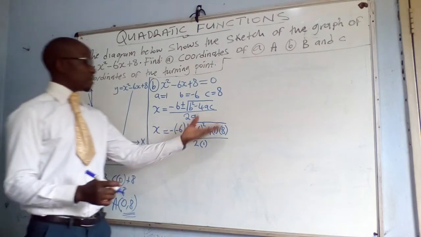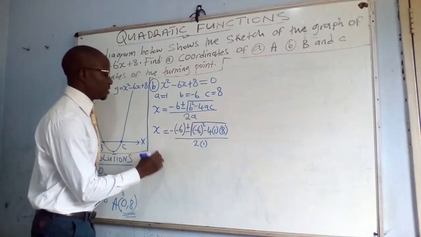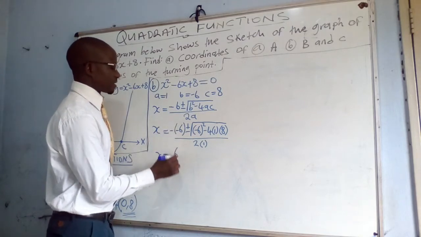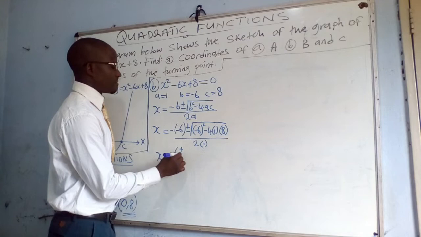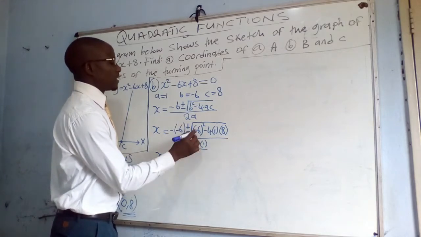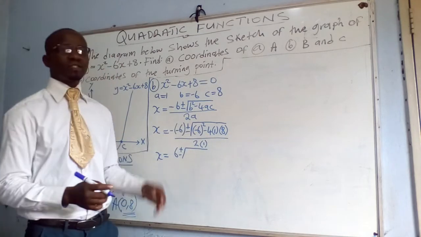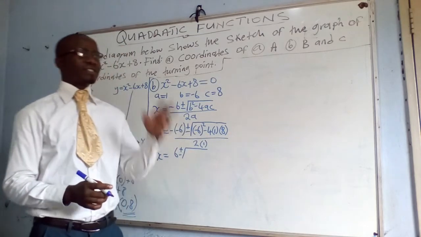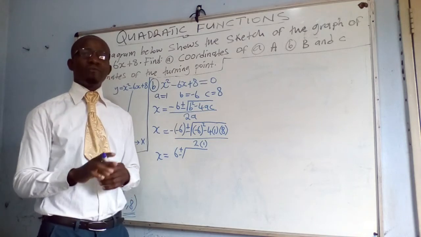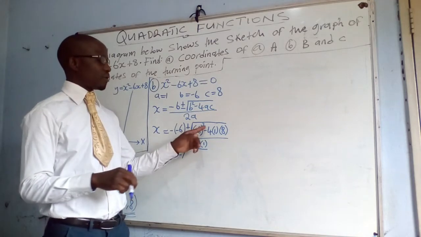Then from there, do the possible multiplications. We're going to have x is equal to negative times negative, positive 6 plus or minus. I will explain the meaning of this. Then root negative 6 to the power 2 does not mean negative 6 times 2. It means the negative 6 is multiplying by itself how many times? 2 times, because of the power 2.